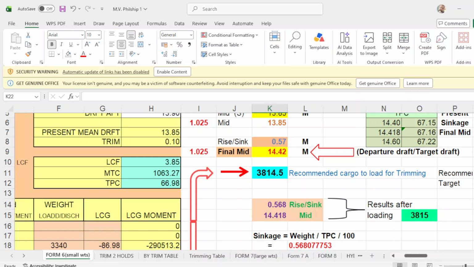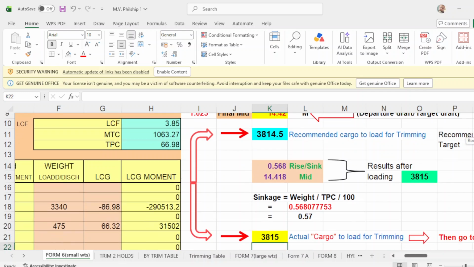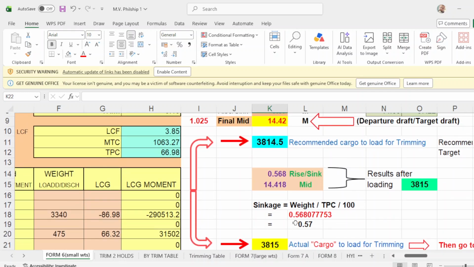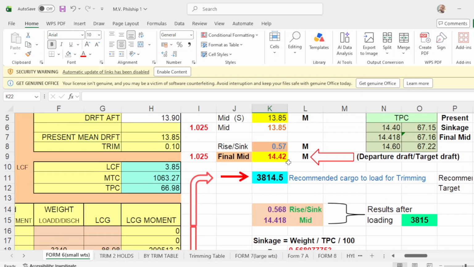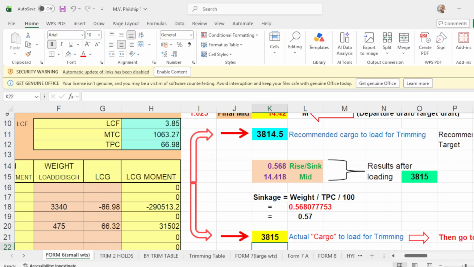Another sinkage here is weight divided by TPC divided by 100, and your sinkage is 0.57. The same here. Then another one, take note of this one, 3815.